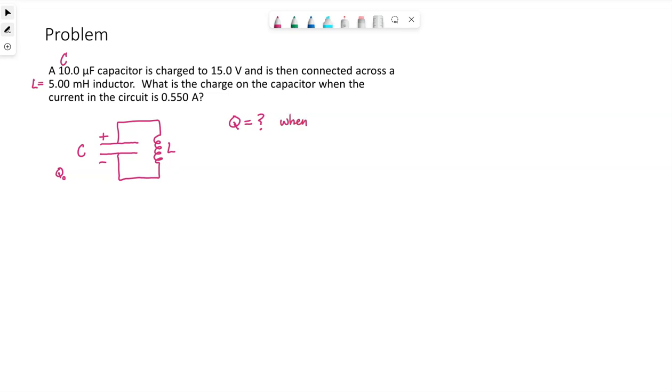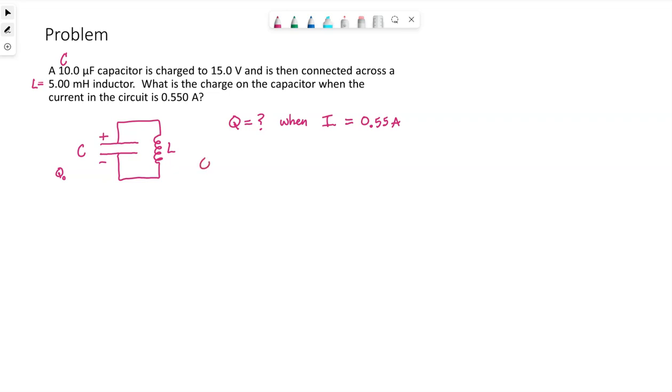When our current equals 0.55 amps. There's two ways we can go about this.